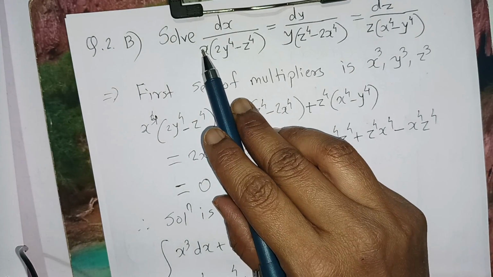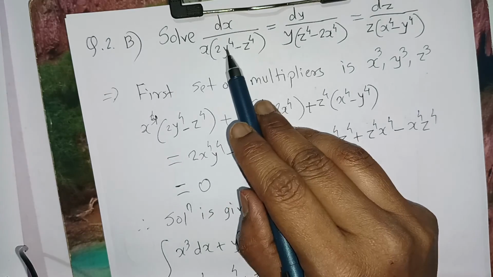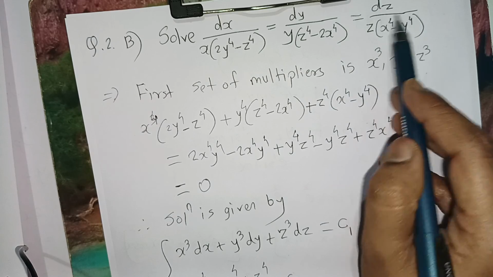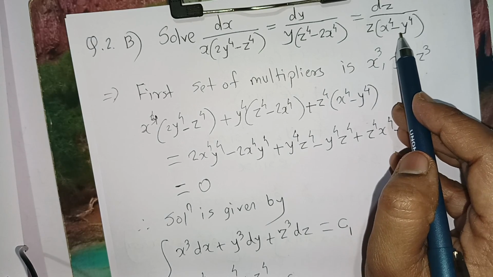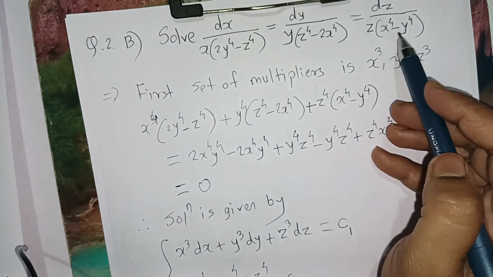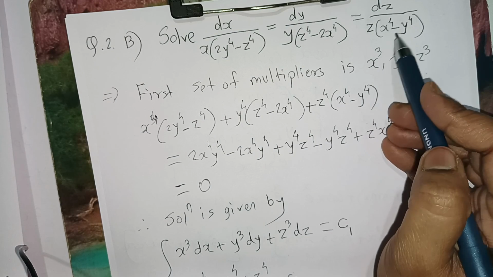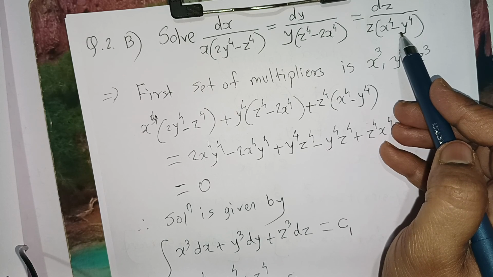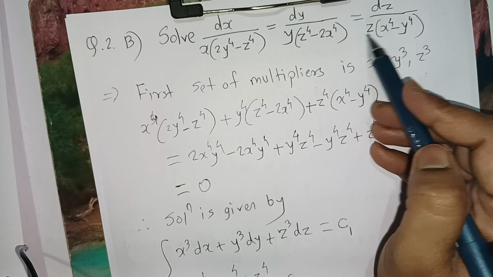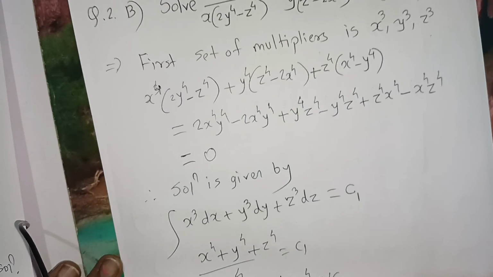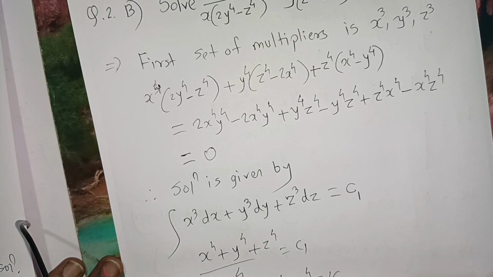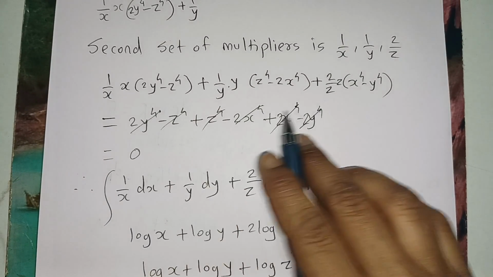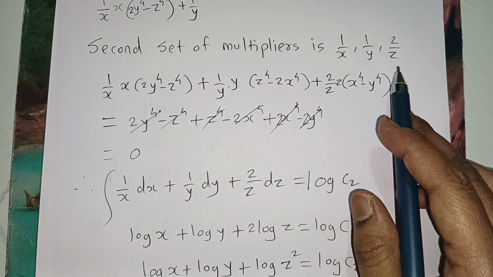Because after multiplying by 1 by x you will get 2y raised to 4 and you have y raised to 4 term in R, but the coefficient is minus 1 and here the coefficient is 2. So the last multiplier will be 2 by z, so that you will have 2 here minus 2y raised to 4, and z will get cancelled. So the second set of multipliers is 1 by x, 1 by y, 2 by z.